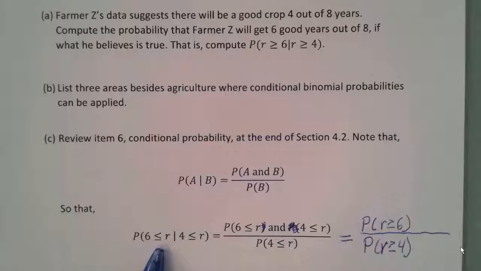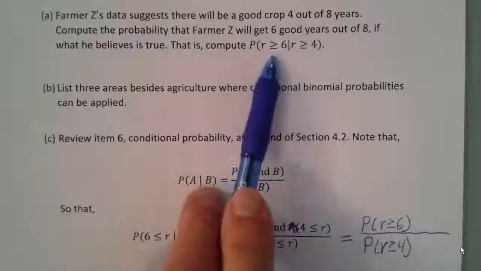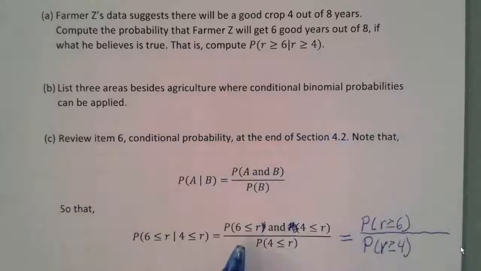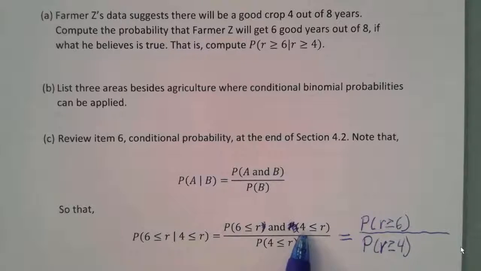So we are trying to answer this question: what's the probability that R is at least 6 given that it's at least 4? Well, using our formula here, it's the probability that R is at least 6 and that R is at least 4 divided by the probability that R is at least 4. Well, that is already in the form we want it, but we examine this a little bit. Suppose we have 6 successes. Well, then we automatically have 4 successes, right?